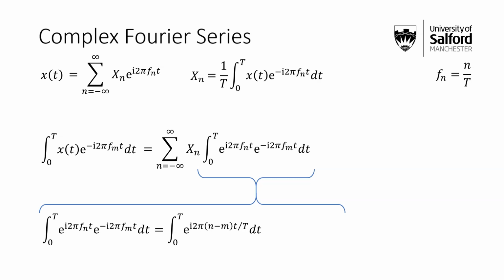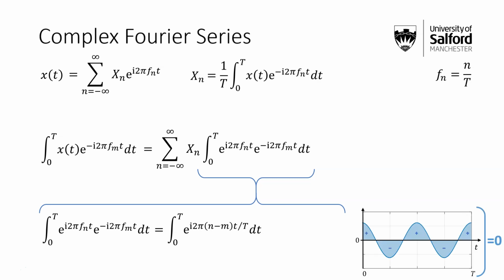And basically, in the same way that we saw with cosines and sine waves, if you have anything that oscillates an integer number of periods in T, it's going to be negative as often as it's positive, and when you take the mean of that, which is essentially what this integral is doing, you're just going to get 0. It's going to average to 0. So that's exactly what's going to happen here.